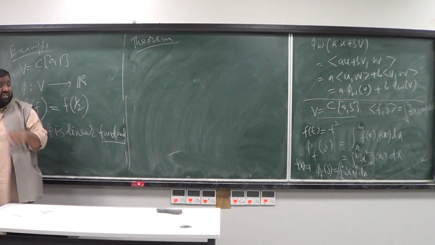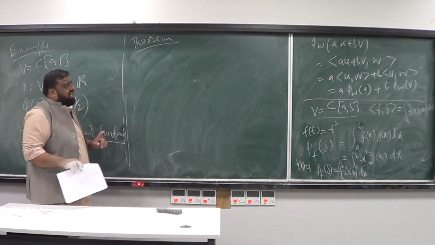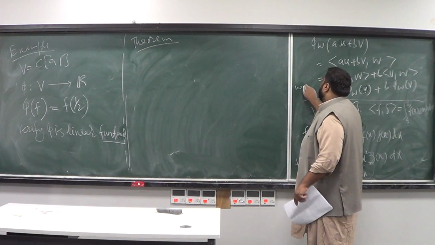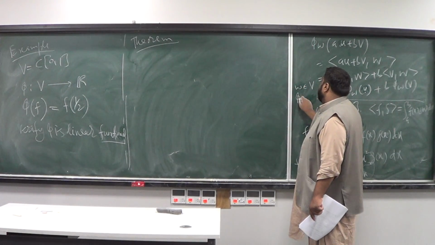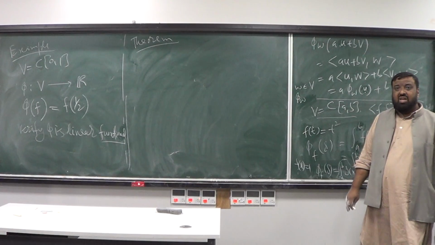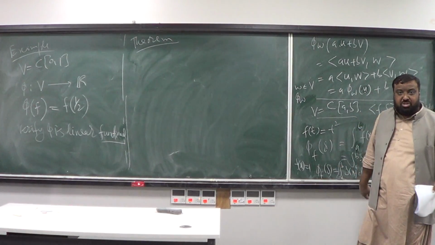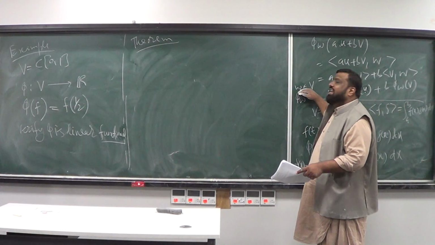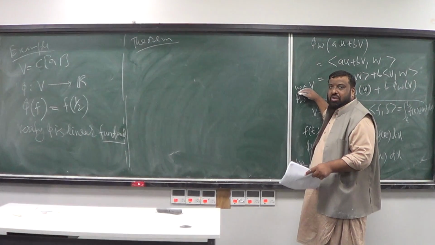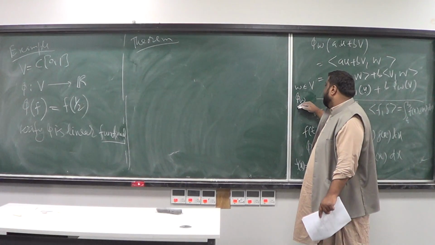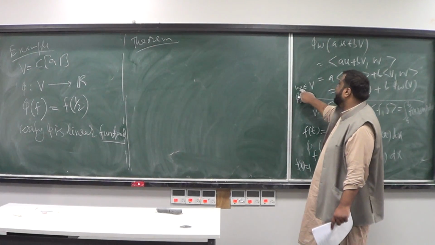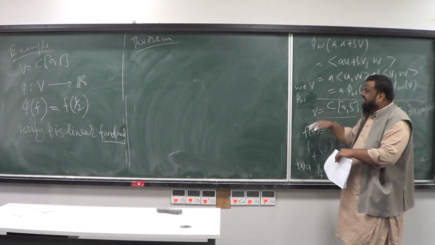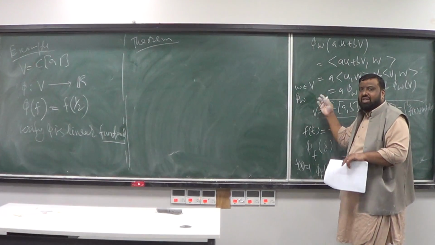By the definition of linear functional, we saw that for every w in V, I can find a linear functional phi_w. But you can go the other way around as well. If you have a linear functional, you can find a unique vector w such that the linear functional can be entirely explained in terms of w. So this is really, in some sense, the converse of what we were doing.